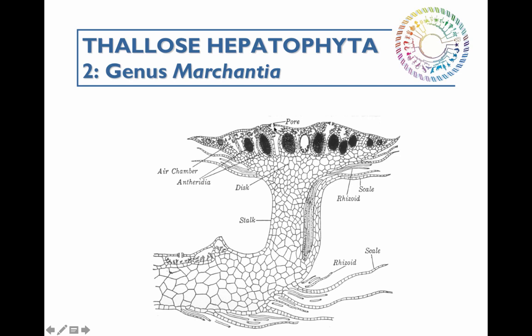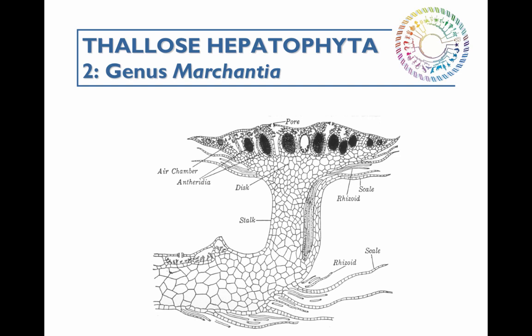We've got multicellular gaseous exchange pores opening up into these internal air chambers. We have a lower epidermis down here with these rhizoids and scales, and we have the storage cells in the middle. So basically, an antheridiophore is just a localized area of the plant body raised up on a stalk or a seta.